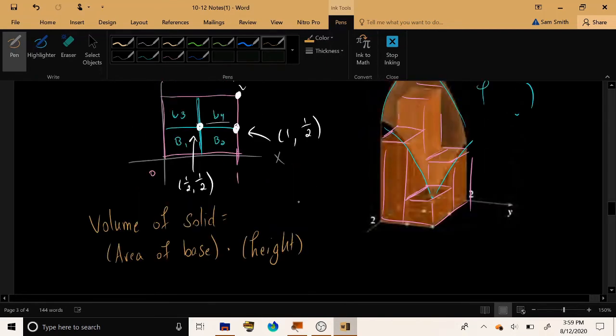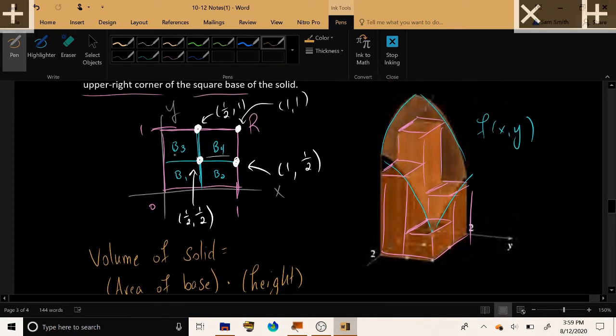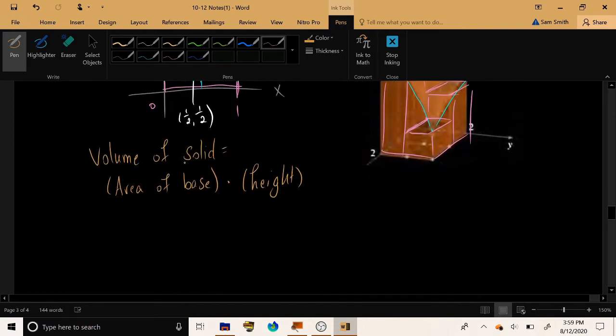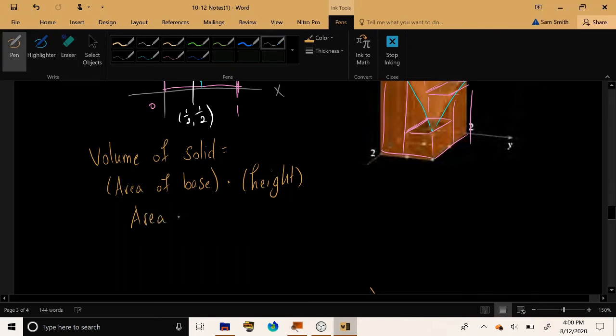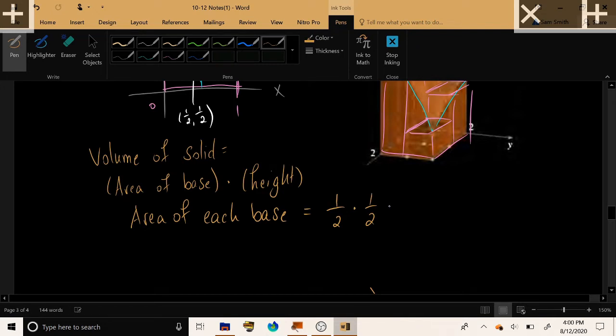Now let's consider first the area of these bases. Every single one of them is 1/2 a unit wide and 1/2 a unit tall. So the area of each base is equal to the width times the length, which is 1/4 square units.